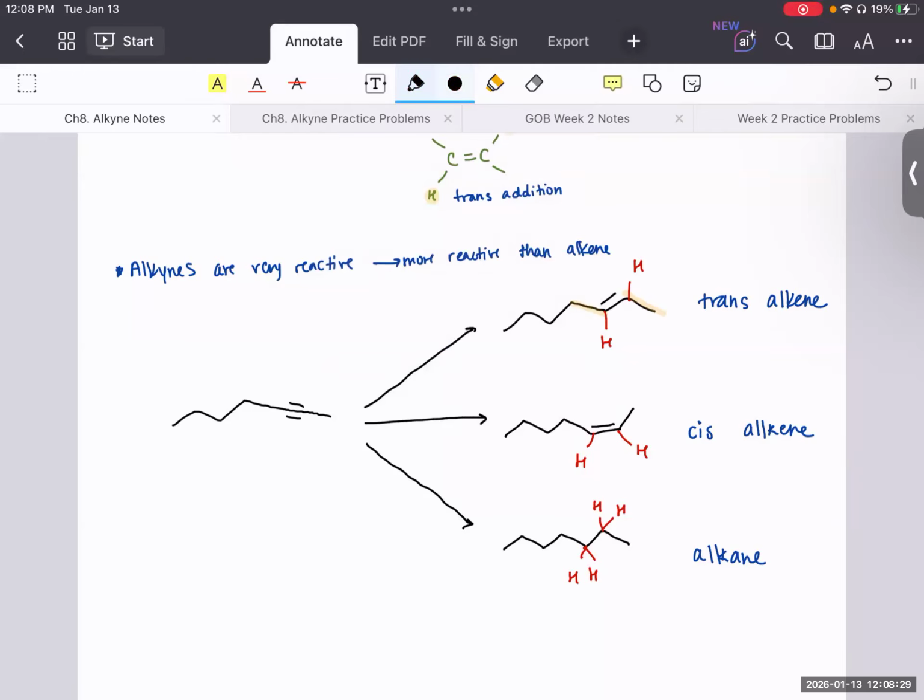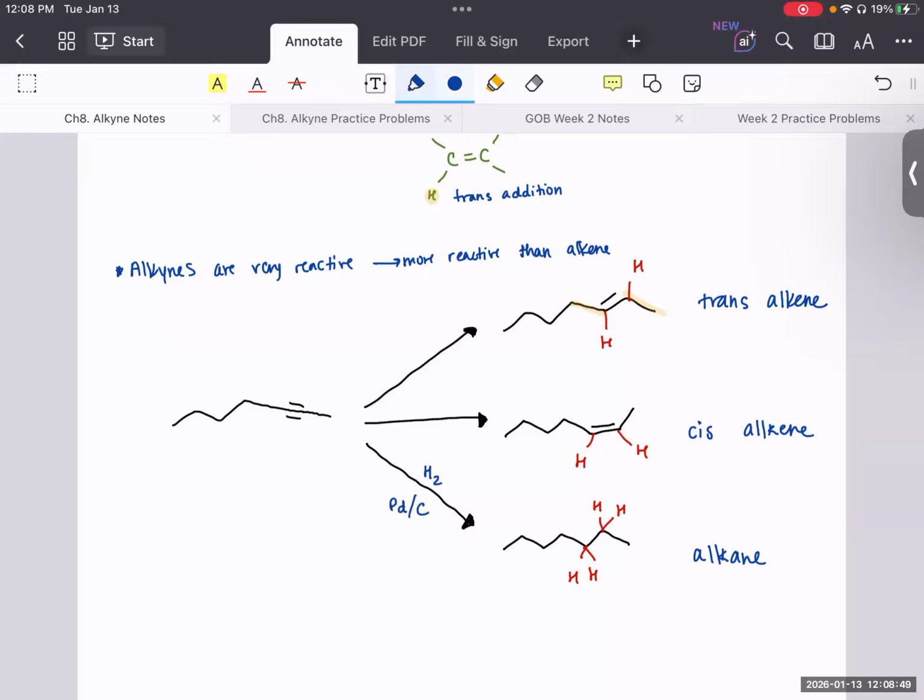All right, so let's start off with this bottom reaction and talk about the reagent that we could use for this reaction. For this one, we can just use the same reaction that we did for the reduction of alkenes to alkanes in the previous chapter. We just use hydrogen gas on palladium.